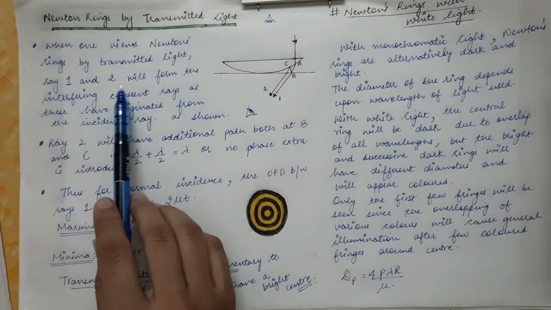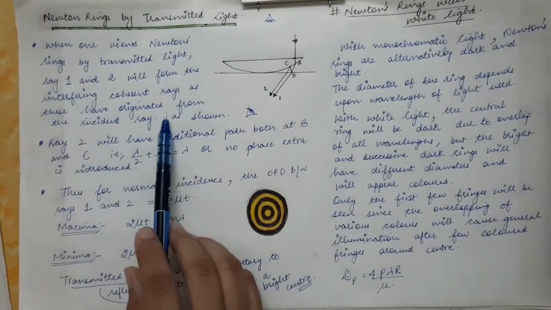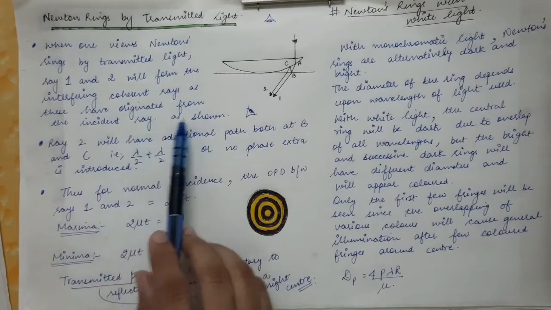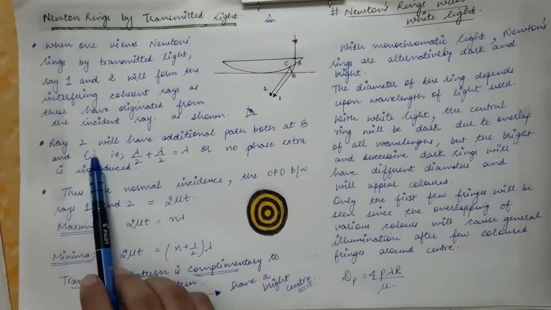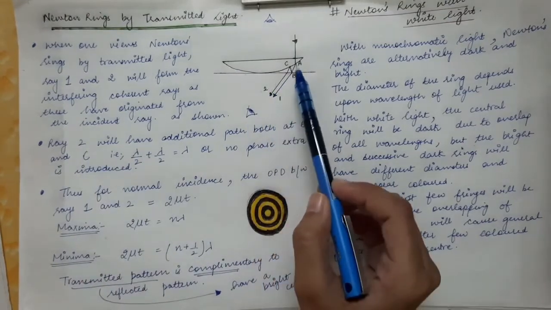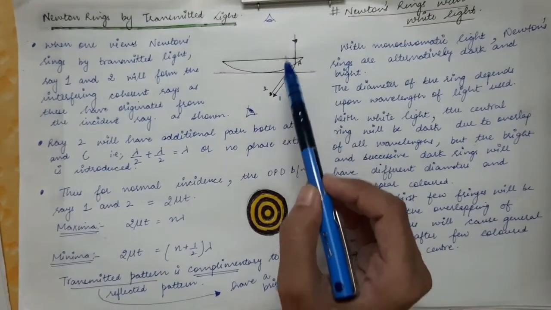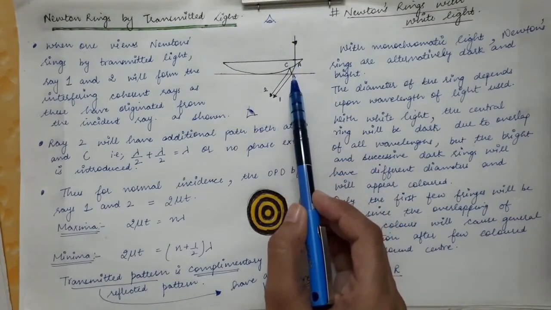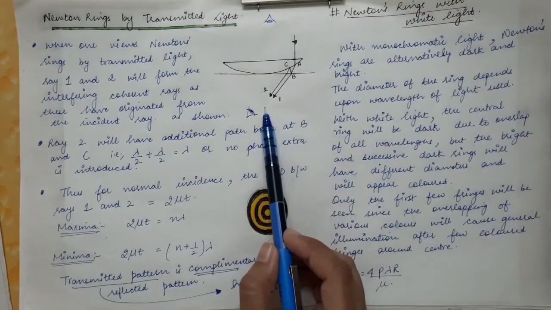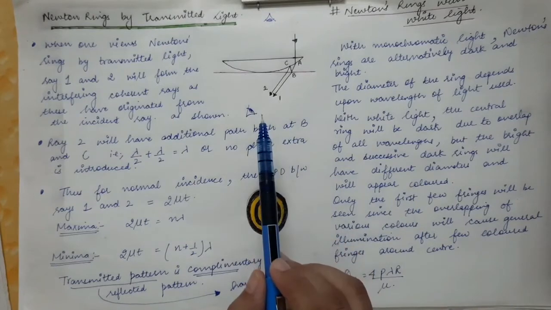Now ray 1 and ray 2 will form the interfering coherent rays, as these have originated from the same incident ray as shown over here. The first transmitted ray is formed when the light is incident, gets transmitted, and then again gets transmitted. So there is no reflection at any point for the case of the first transmitted ray.